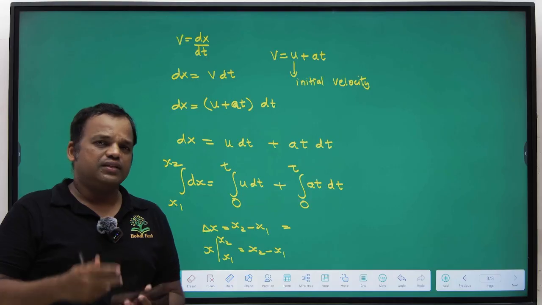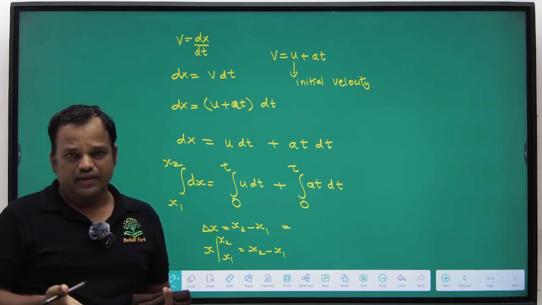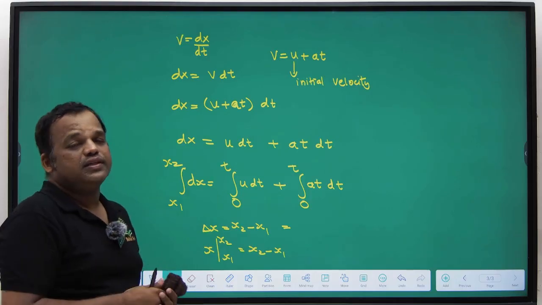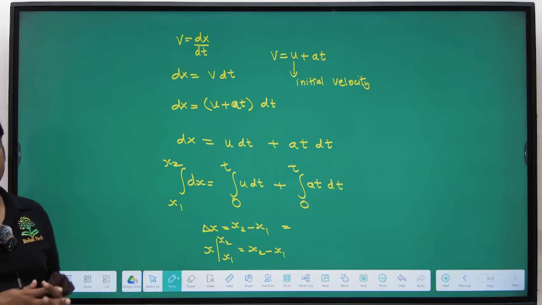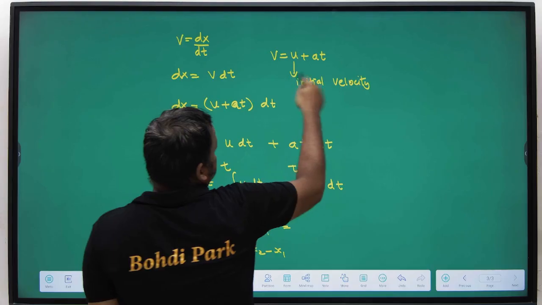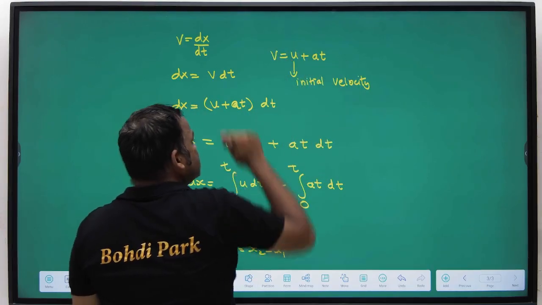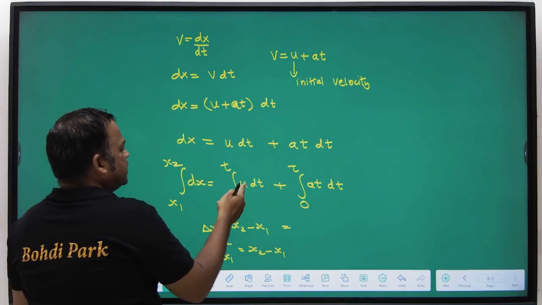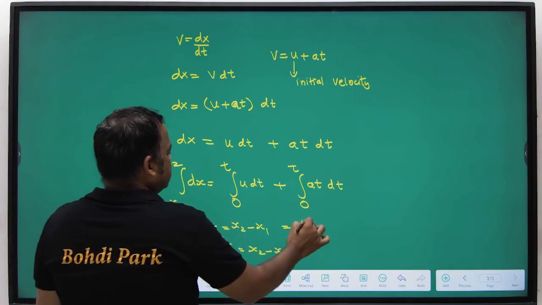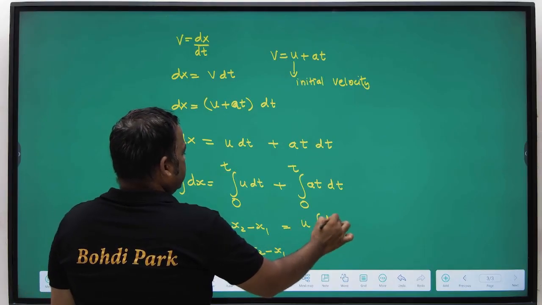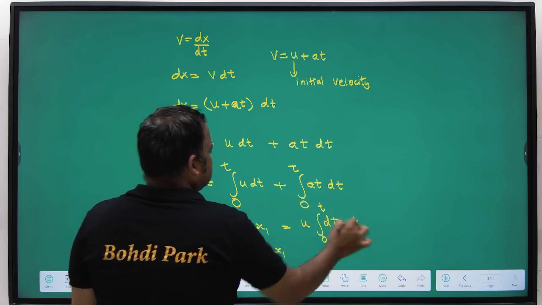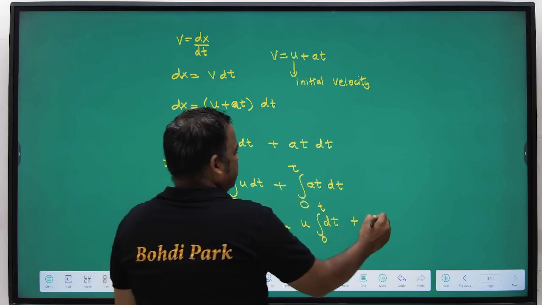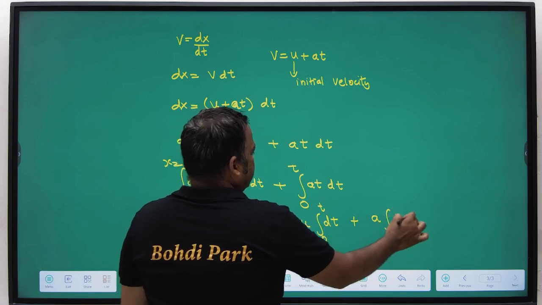Whatever it is at t is equal to 0, it is always the same. It is the final velocity which is changing with time. So u is the same, u is initial velocity, v is changing with time. So we can take u outside of integration. So this will become u integration of dt from 0 to t, plus acceleration is also constant. We can take it out of integration.